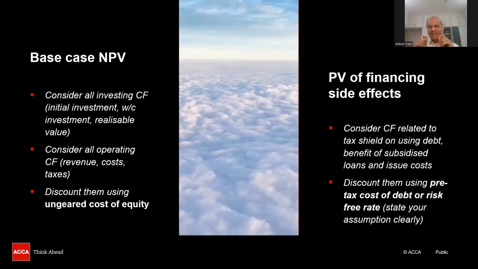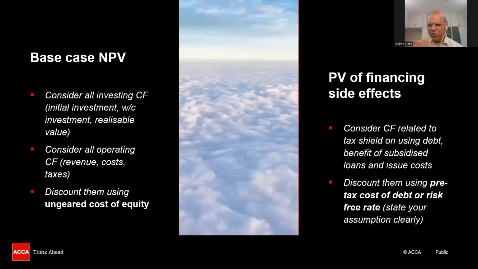Now, see, that's the difference between the basic NPV and the APV method. In NPV, we use only one discount rate. In APV, we use ungeared cost of equity as a discount rate for base case NPV and the pre-tax cost of debt or a risk-free rate for calculating the present value of financing side effects.